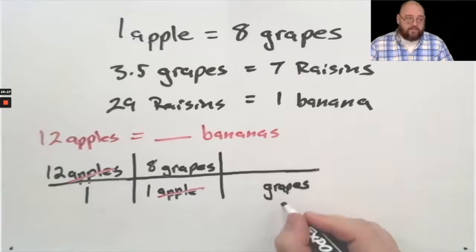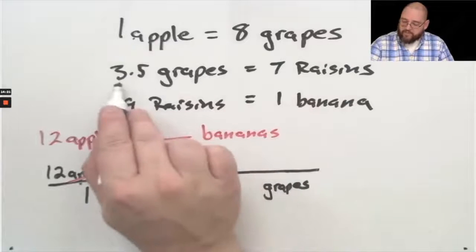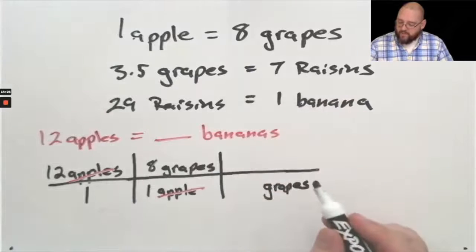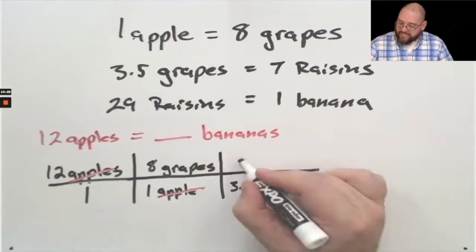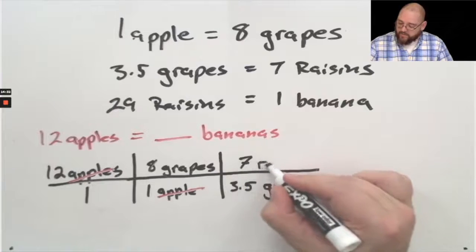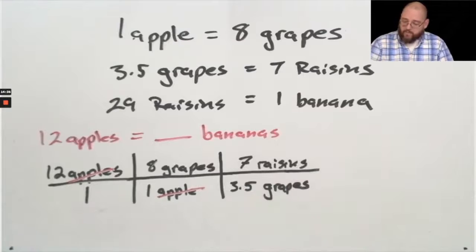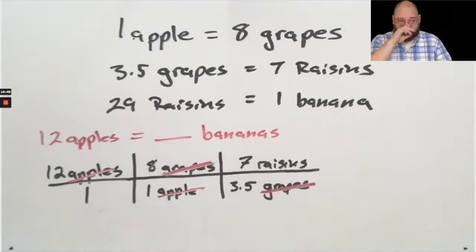Now, how many grapes I put down here has to do with this conversion factor. This conversion factor says 3.5 grapes is equal to 7 raisins. So now my grapes are going to cancel out and I'm left with raisins.